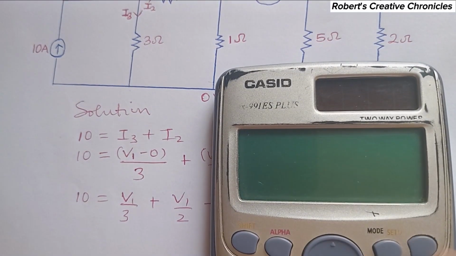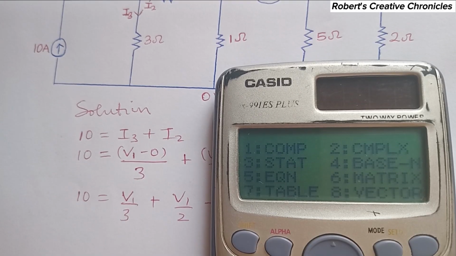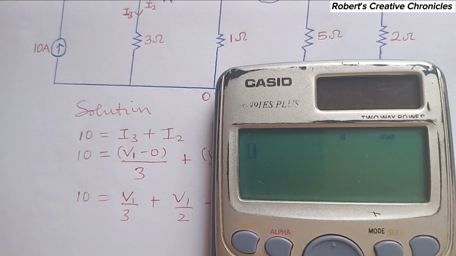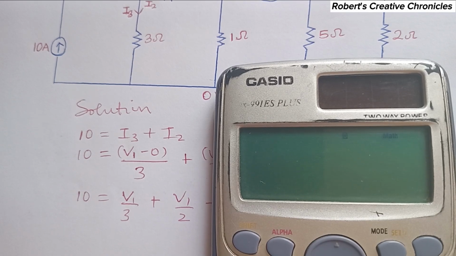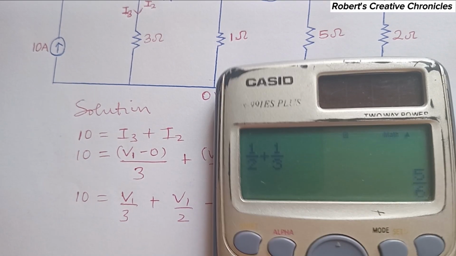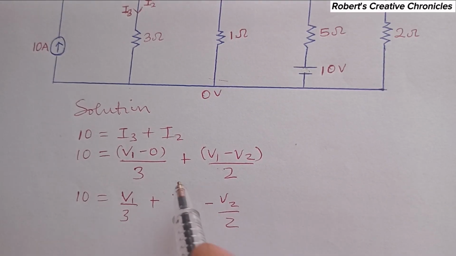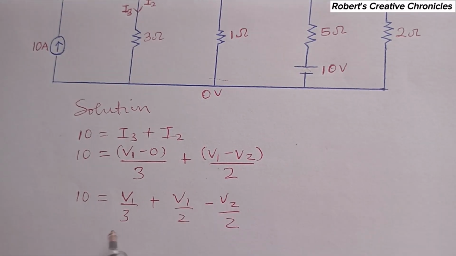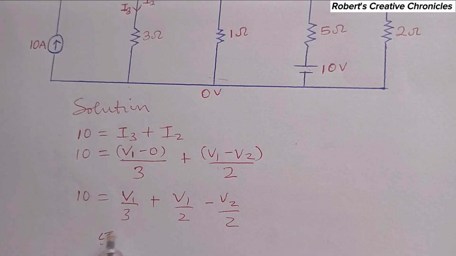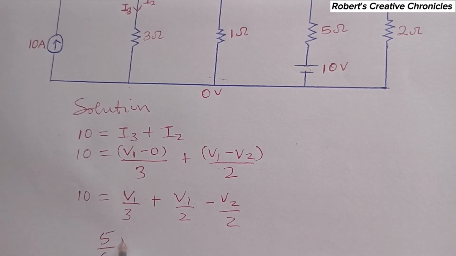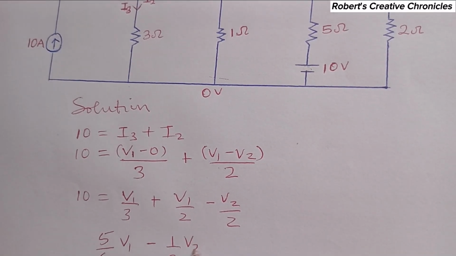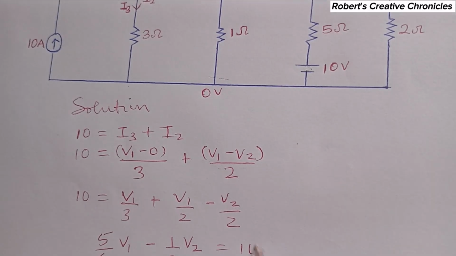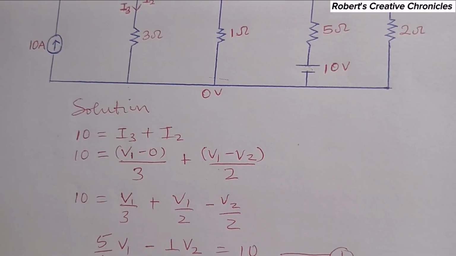So we'll add this. Half plus 1 over 3 is 5 over 6. So 5 over 6 V1 minus 1 over 2 V2 equals 10. So this is our first equation.